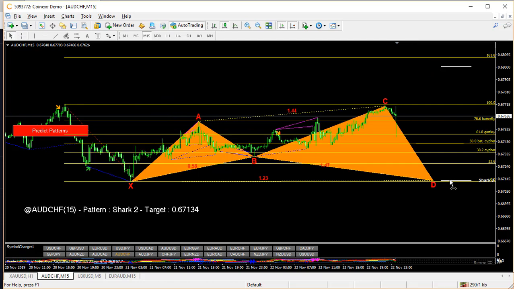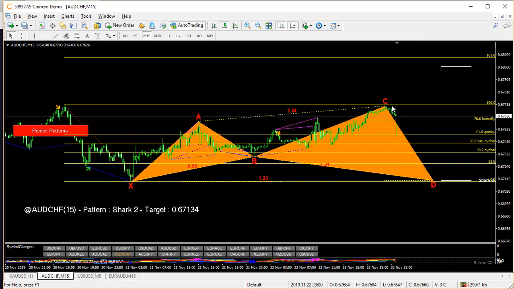There's also a potential shark, where I do see this as a potential pattern to become a cipher due to the fact that I already broke that A point and it pretty much wick rejected and it bounced.